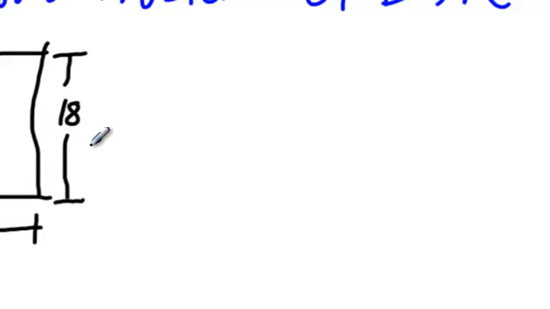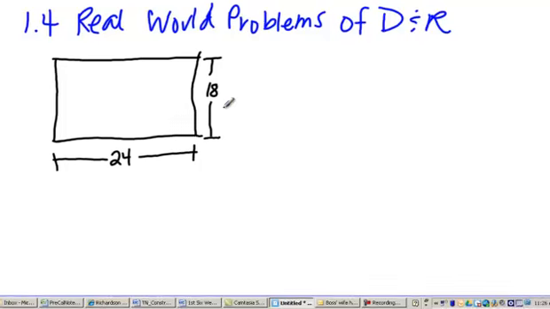Okay? We are going to form a box by cutting congruent squares out of each of the corners of the cardboard and folding up the flaps. So basically, we're cutting out flaps like so. Now, I want you to imagine that these are congruent, even though they don't look like they are.